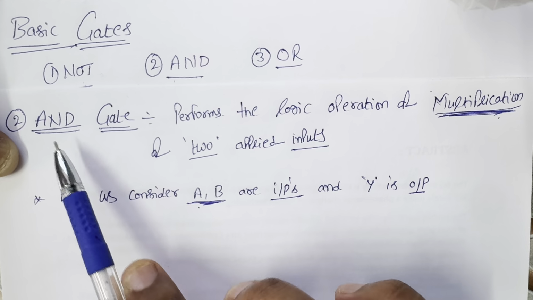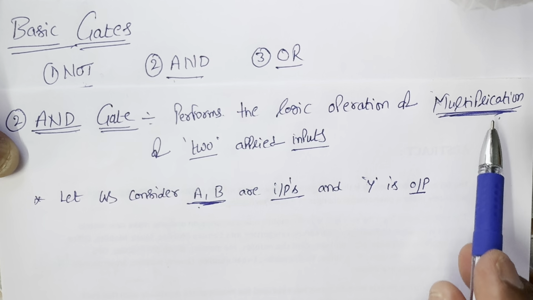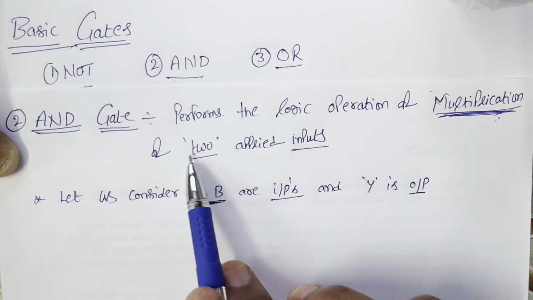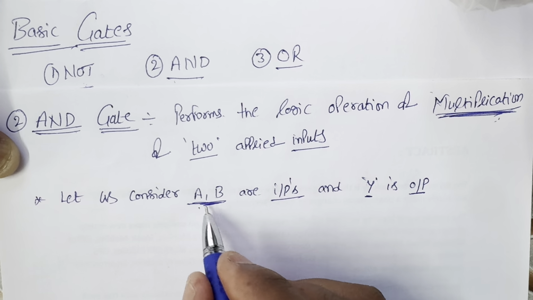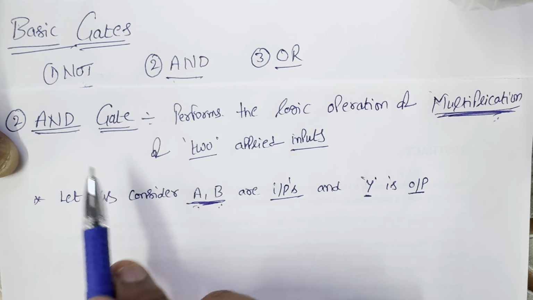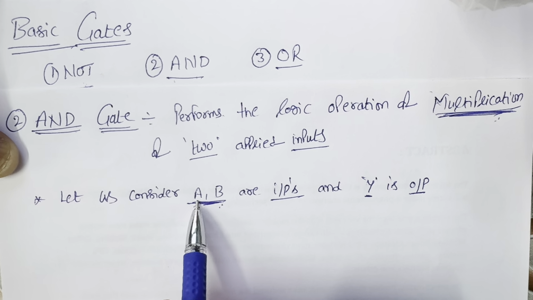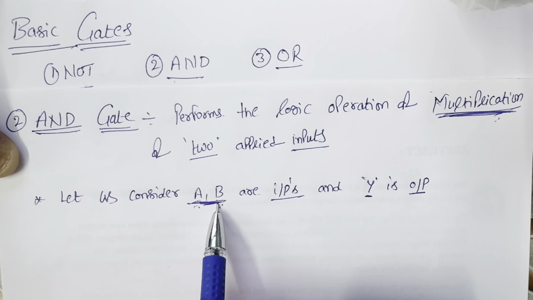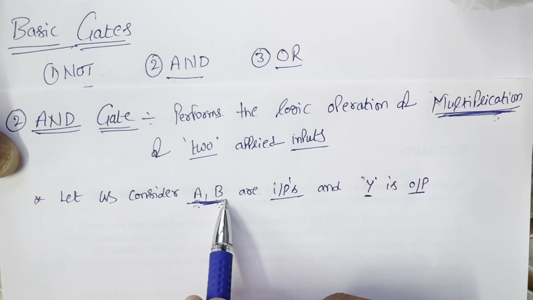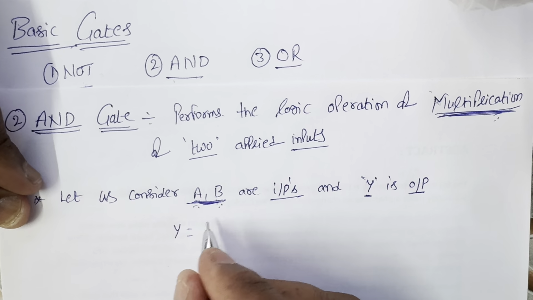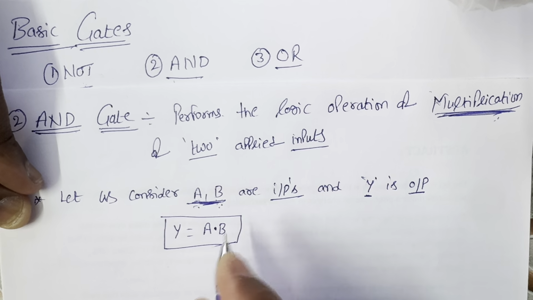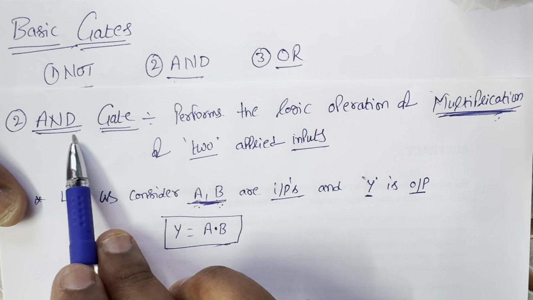We have already discussed that this AND gate performs multiplication of two inputs. So it is output Y, inputs A, B. This AND gate performs the multiplication of these two inputs, A into B. So the output will become Y equal to A into B. It is the mathematical expression for the AND gate.